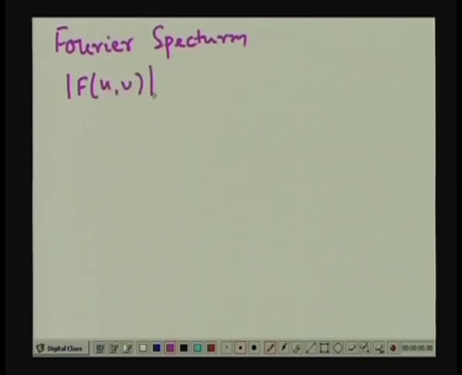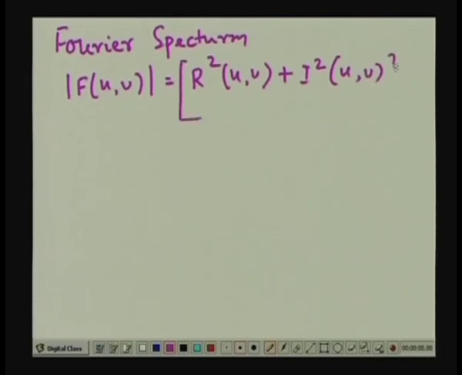So, in case of this discrete image, the Fourier spectrum is given by a similar expression, that is |F(u,v)| is nothing but the square root of R square(u,v) plus I square(u,v).